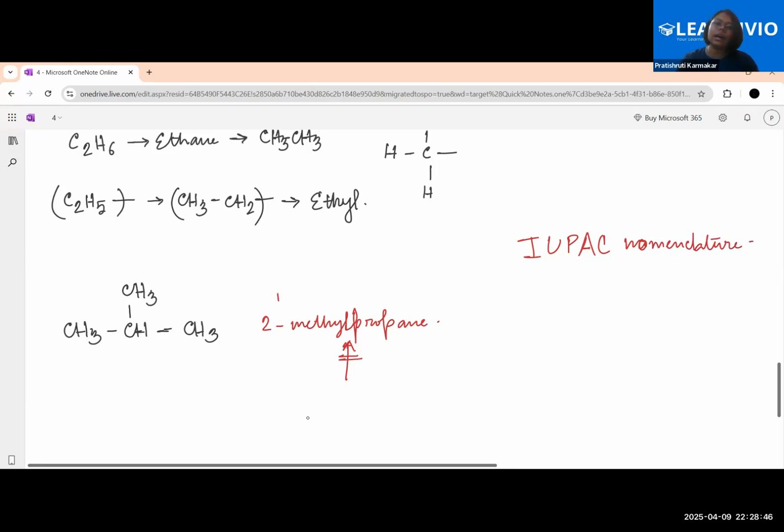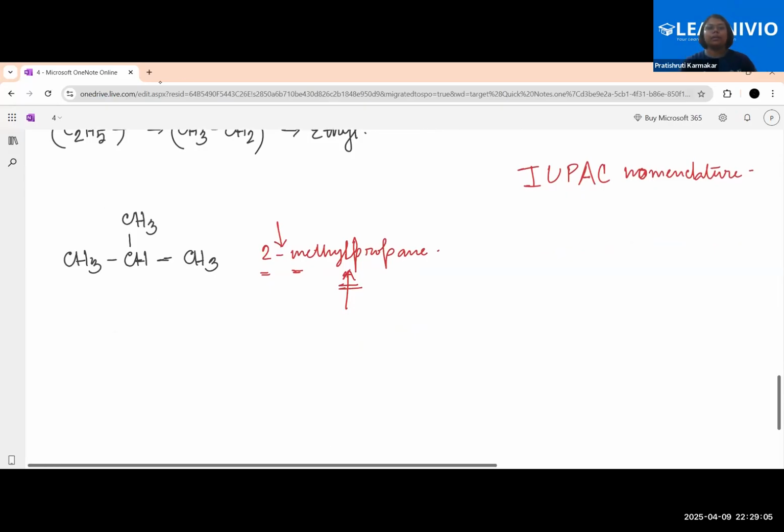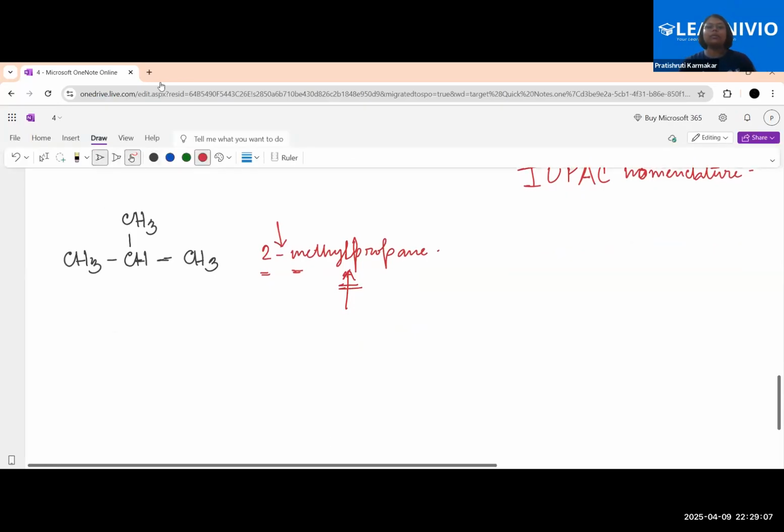And there will be a hyphen between a number and a letter, right? Yes, ma'am. And if we come across two consecutive numbers, then we have to put a comma between the two numbers. Okay, this is the rule. So this is 2-methyl propane. Then what will we name it?